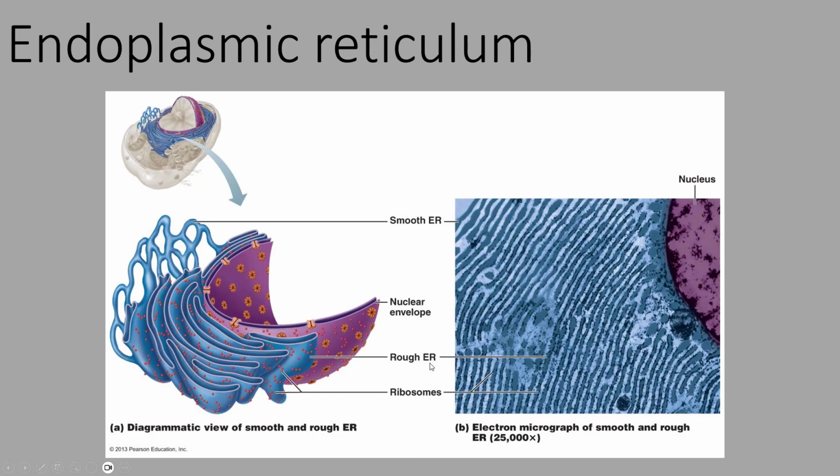They look very, very similar, except the rough endoplasmic reticulum has ribosomes stuck to it. The smooth endoplasmic reticulum does not. So let's look first at the smooth endoplasmic reticulum. The smooth endoplasmic reticulum, or smooth ER, has a few functions.